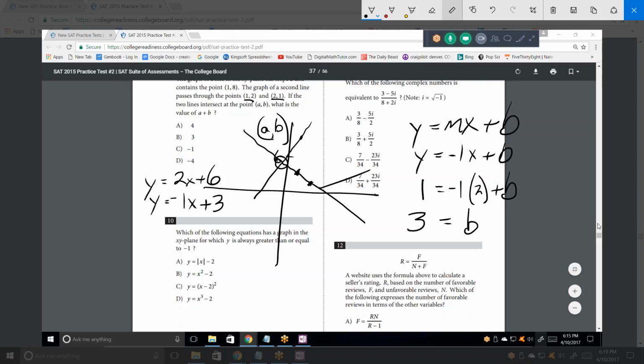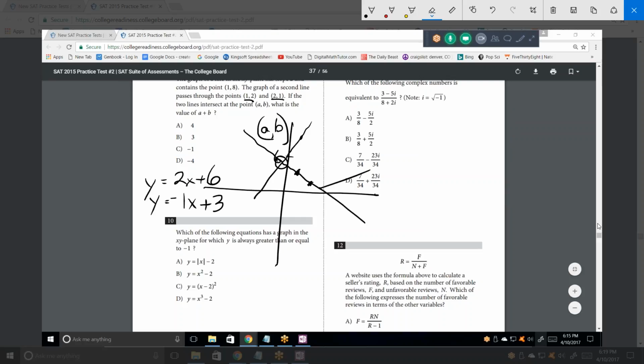Now, what do we do next? We have the equation of our two lines. Where do they intersect? When one is equal to the other. That's the intersection point.